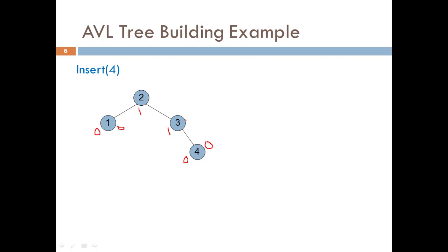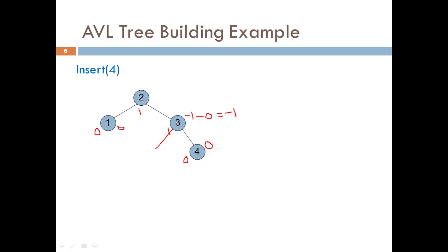So if we look at 3, the balance factor of this one is height of left subtree, which is -1, because this is the empty one. Its left subtree is empty. Because of that the height of left subtree is -1 minus height of right subtree. The height of right subtree is this one, 0. So balance factor is -1.